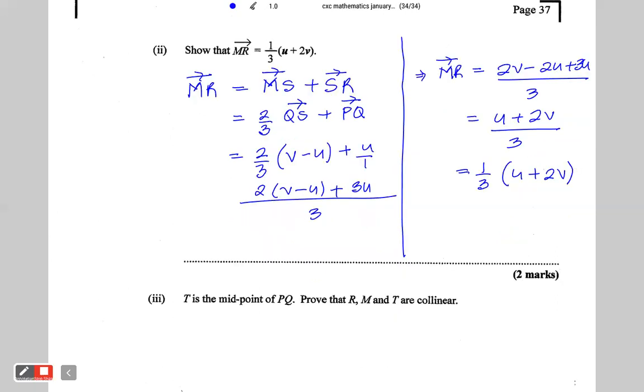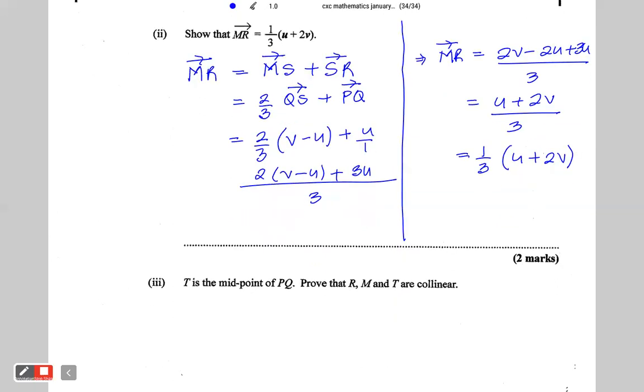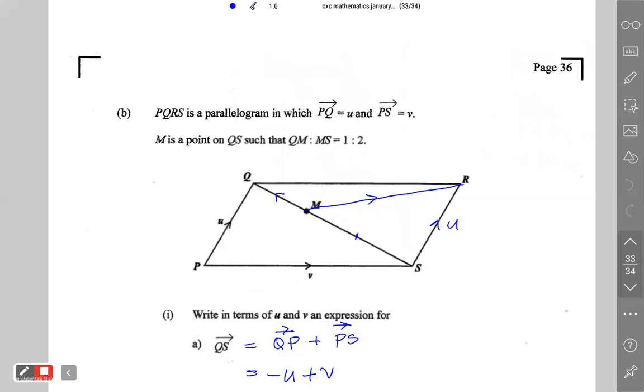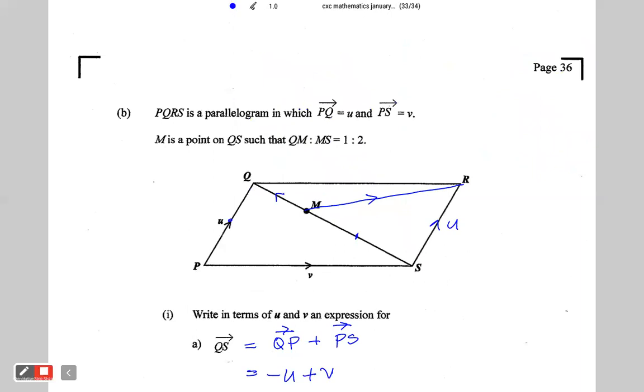Then lastly, we're told that T is the midpoint of PQ. So let's go back. T is the midpoint of PQ. That's T. And I'm guessing they're going to ask us to show that T, M, and R are collinear.